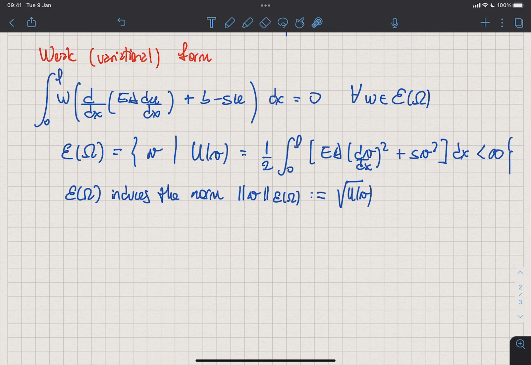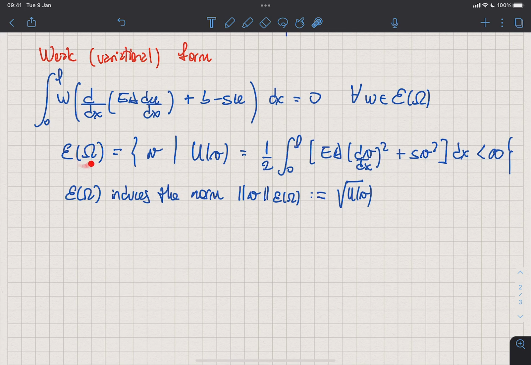Yeah? The question about the notation again. Given E is the set of V such that U of V equals all the stuff. Yeah, this whole equation here means, I'm going to read it again, right? The energy space.